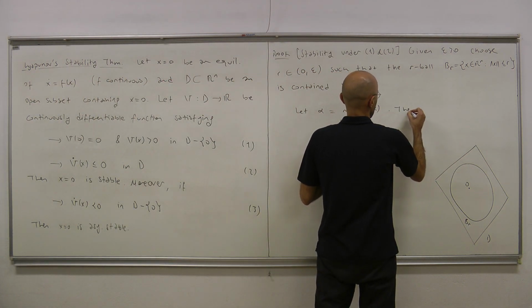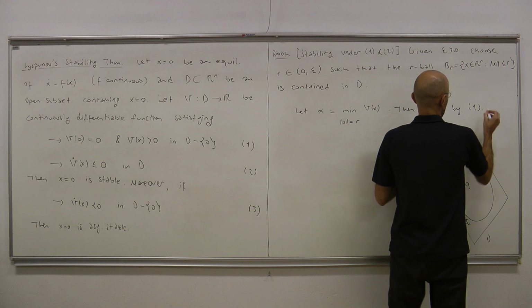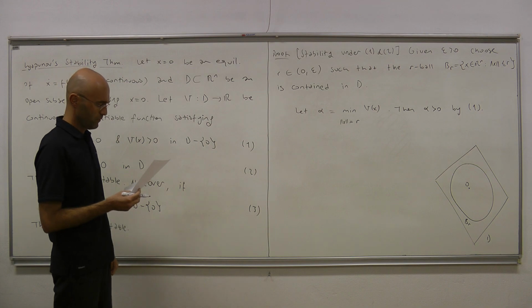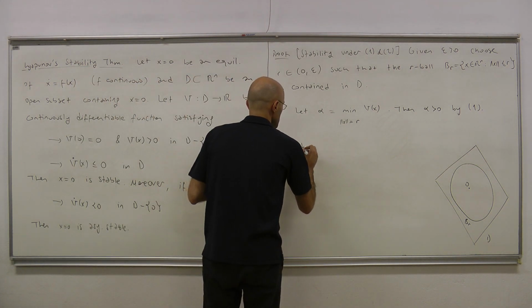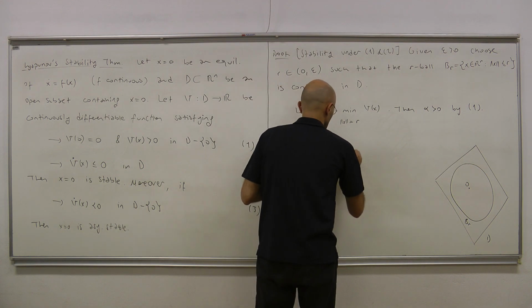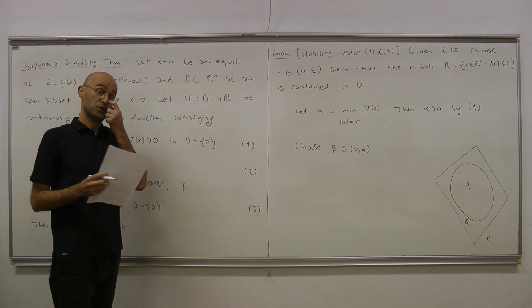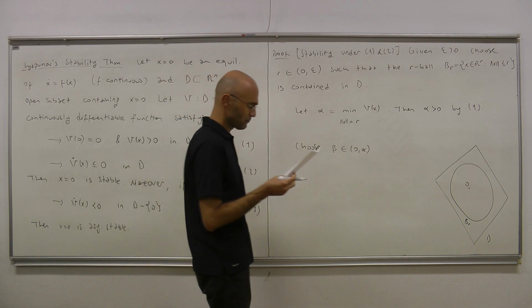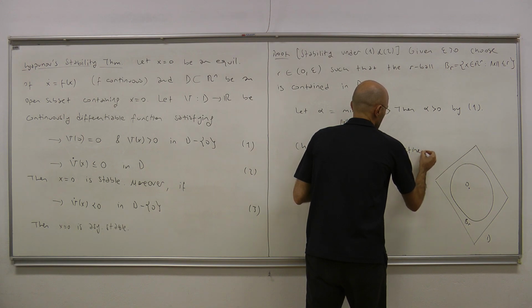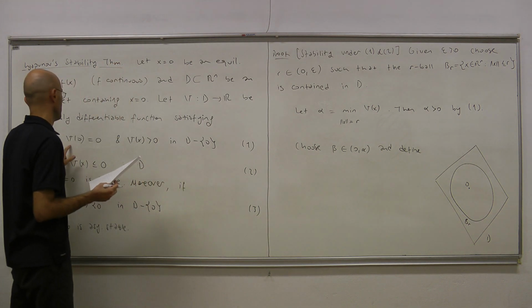So that's alpha. Alpha must be a positive constant by condition 1, satisfied by V. Then choose beta that's positive but strictly smaller than alpha, and define the following set in terms of the so-called Lyapunov function V of x.